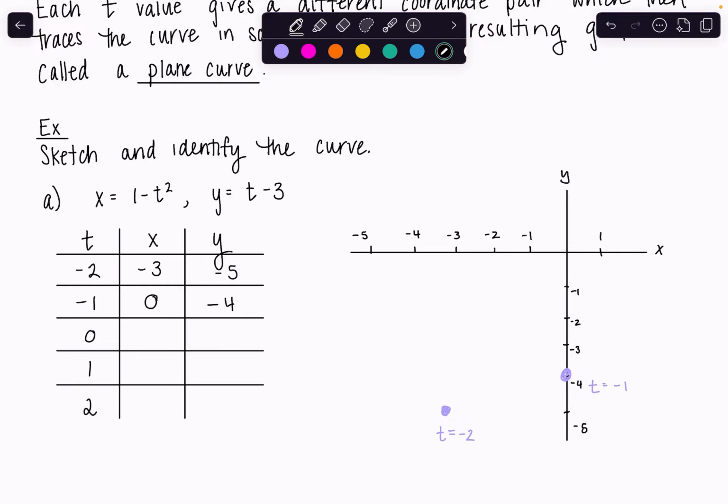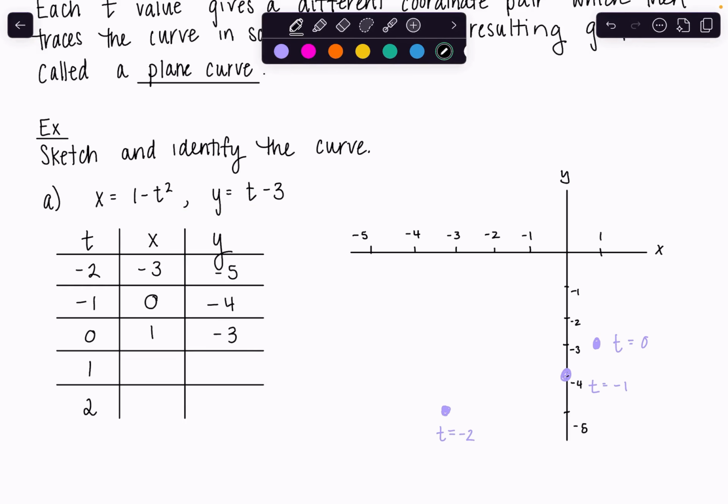When I plug in 0, that's nice. That gives me 1, and that gives me -3. So that value would be right here. So the thing to kind of notice, it doesn't necessarily trace this out evenly. This makes a big gap and then a small one. So your speed picks up based on the equations.